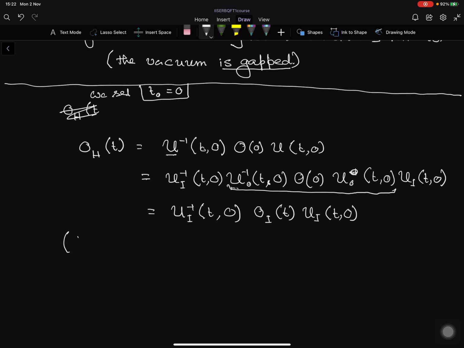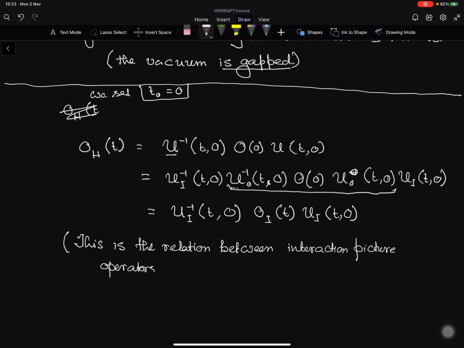So this is the relation between the interaction picture operator and the Heisenberg picture operator.